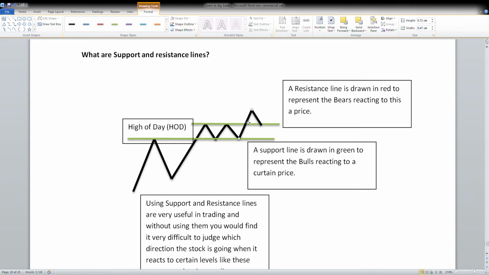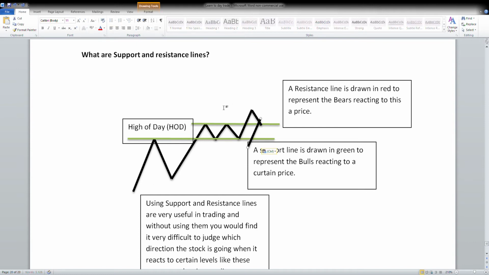So it would do something like that and it would go back down to hit the support line because there's still buyers at that price and it would push the stock higher. This is exactly what it done here.